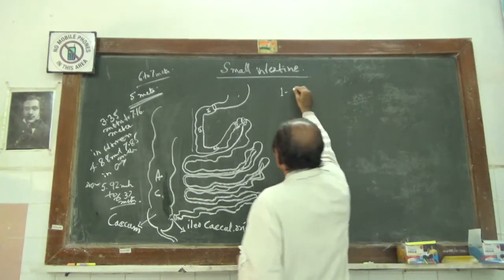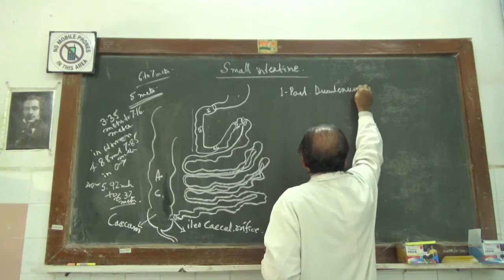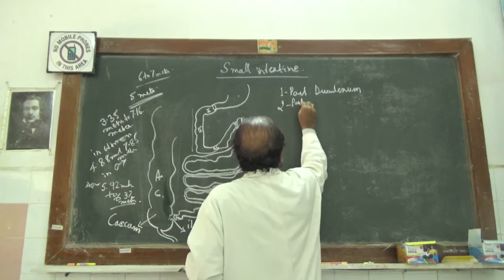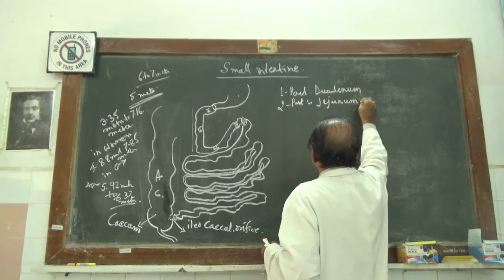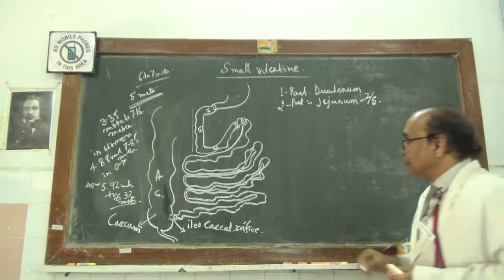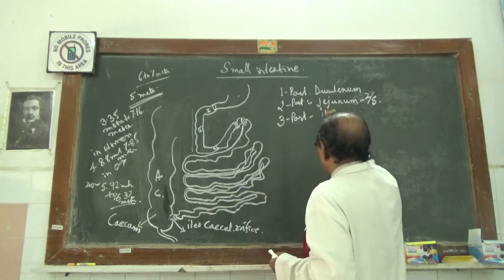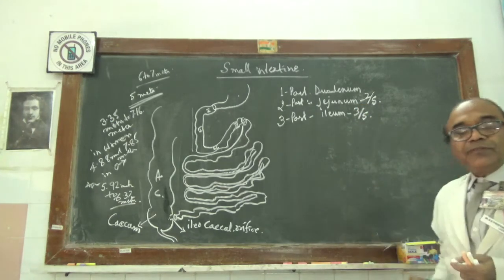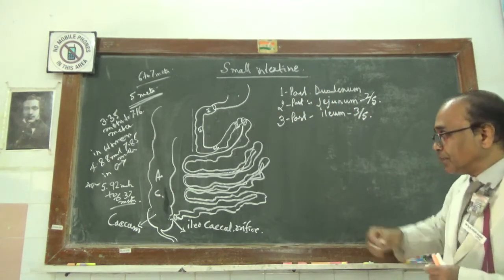Those 3 parts are: the first part is the duodenum, the second part is the jejunum, which is almost 2/5, and the third part is the ileum, which is 3/5, leaving apart the first part.